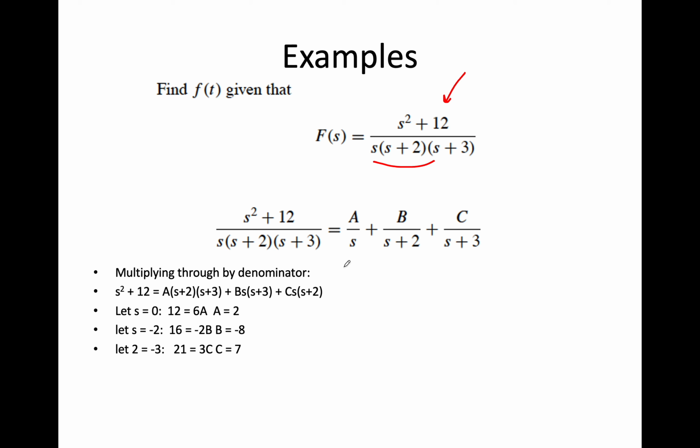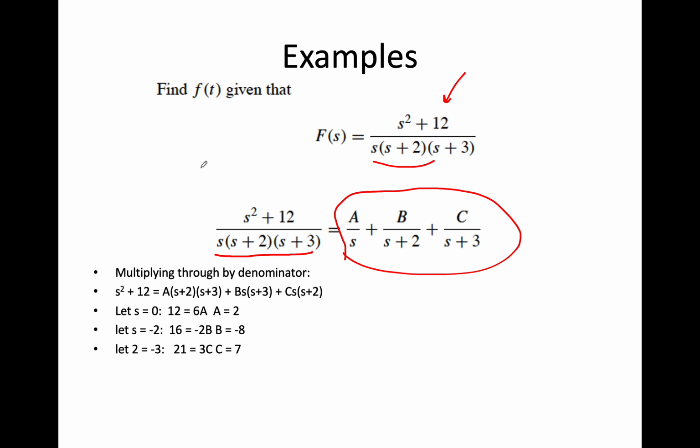We assume that at some point this function was written like this, and what we did was we found a common denominator, which would be the product of all three of these, and expressed it like this.